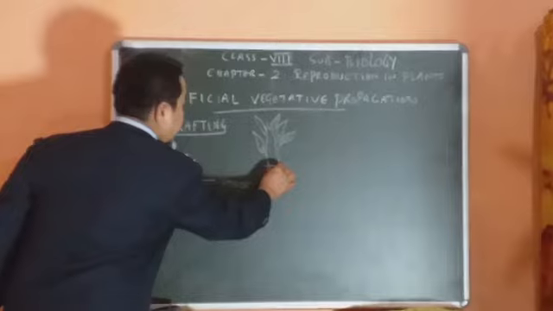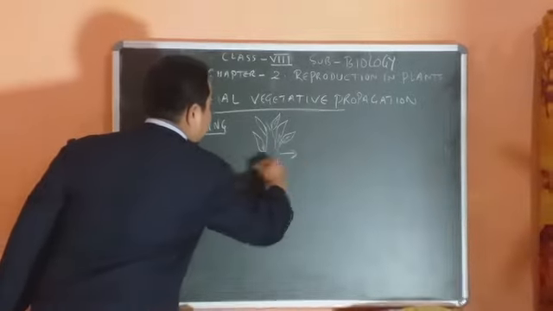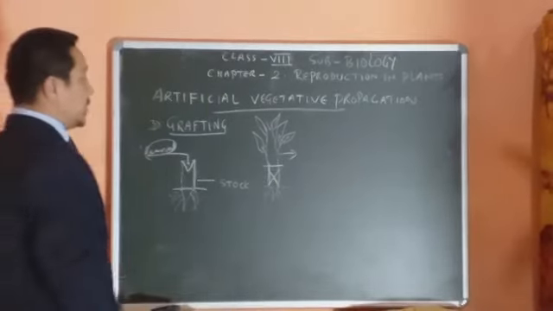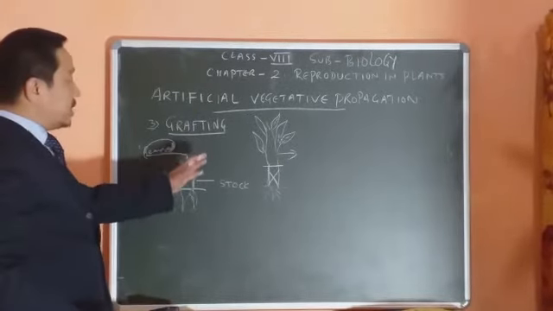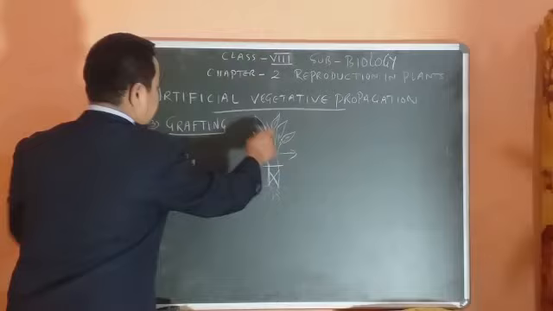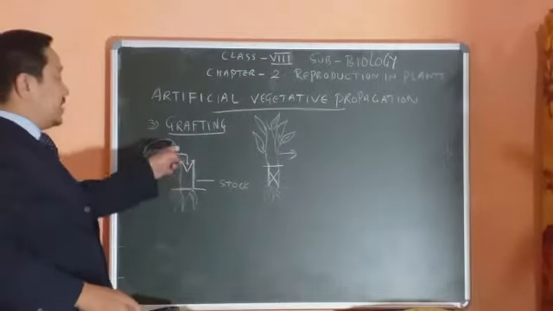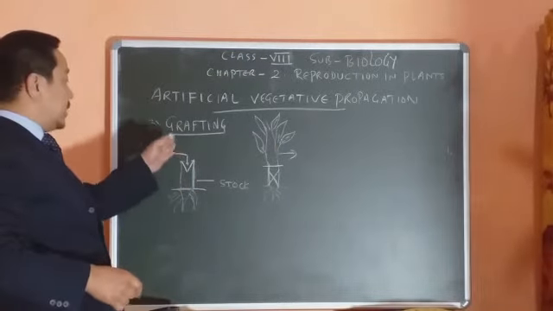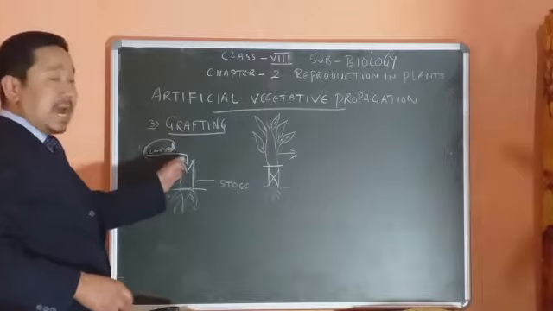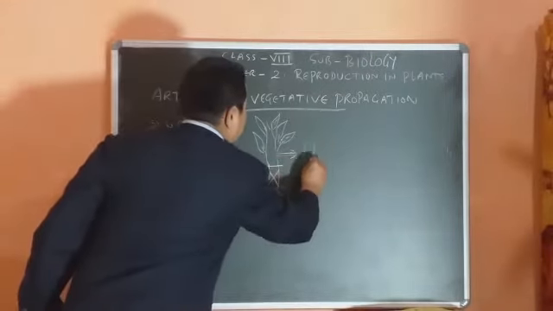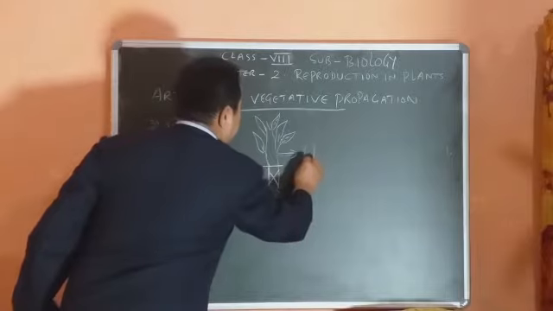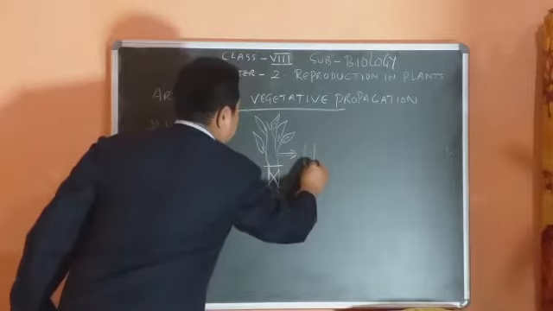We don't need this part; we just take this one only. We need to cut this portion in such a way that it can be nicely fitted and articulated here. So we cut it in this position.